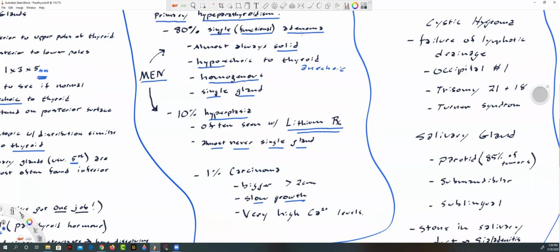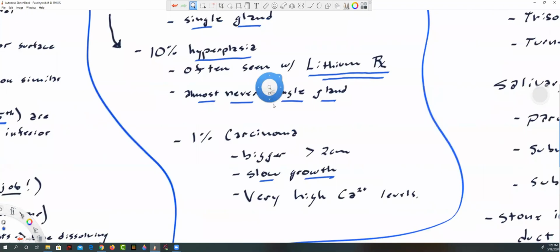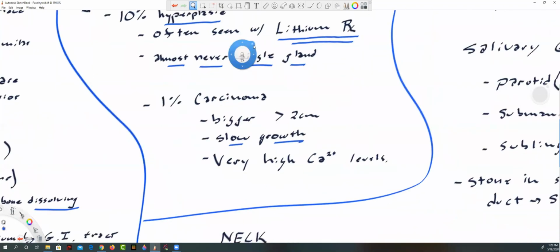It's probably an adenoma. However, if the hypercalcemia is extremely high, very high calcium levels, now the doctor is a little more concerned with carcinoma.